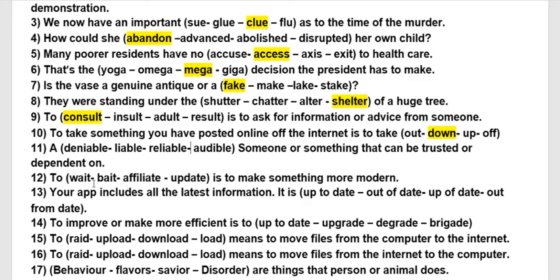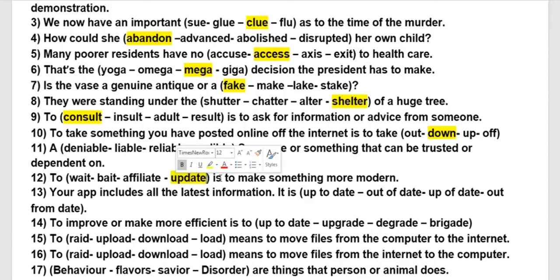Affiliate. Update is to make something more modern. We have here to wait, radiate, affiliate, and update. The correct answer here is update.